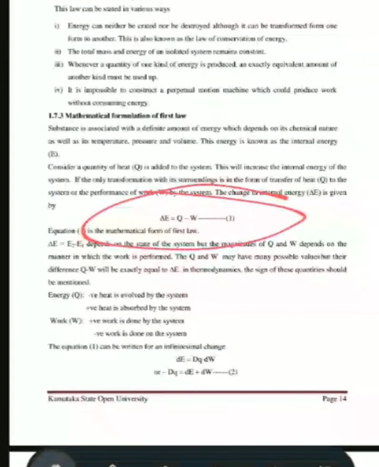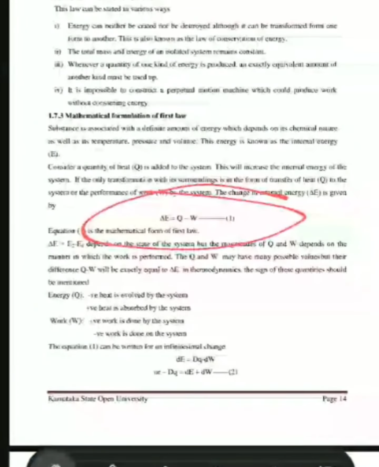Delta E is the energy; whatever the variations in energy can be represented as delta E. Internal energy is E2 minus E1, when reactant goes into the product form. Internal energy is nothing but the system's energy; whatever the system energy is, it is known as internal energy.